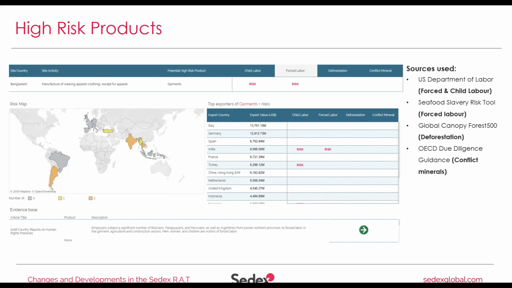Obviously it's not an exhaustive list of sources, but we're trying to draw on the information that is known, reliable and available to present where key risks are known and highlight those to you.